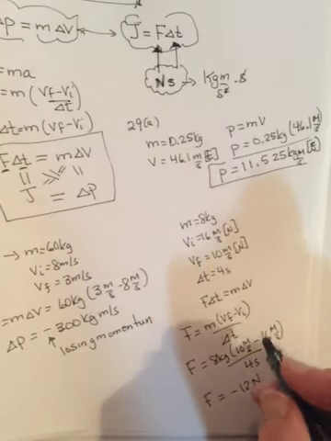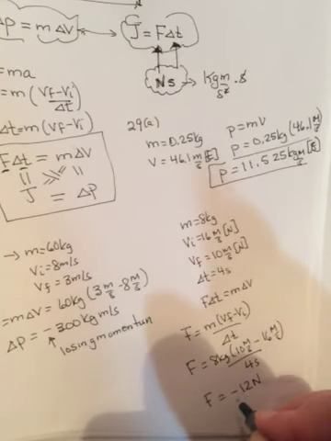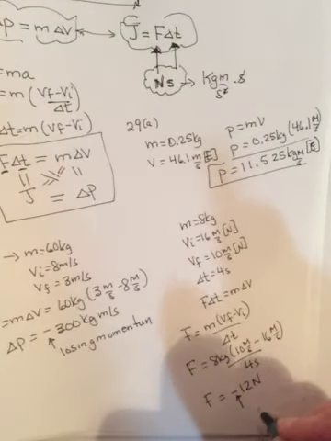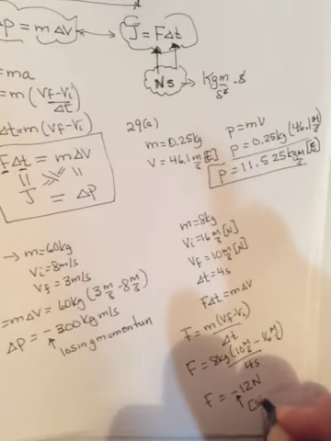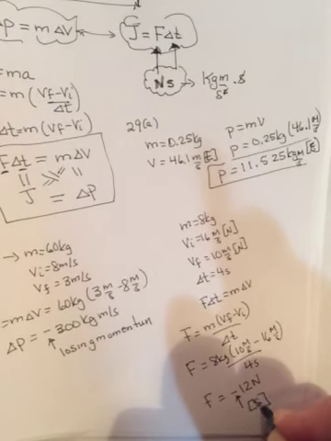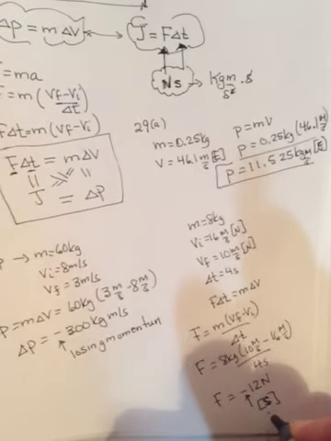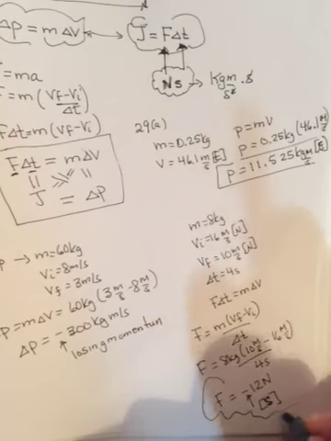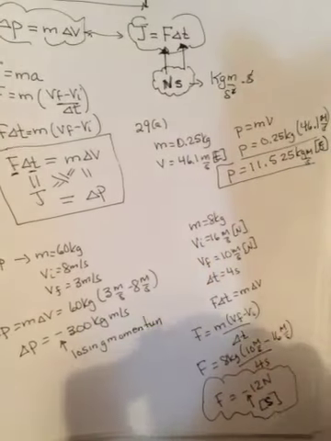What does the negative mean? It means the opposite direction of motion, and the direction of motion was north, so this negative means south. So we only put opposite direction of motion if we don't actually know the direction of motion, but when we do, then we can put in what that opposite is.